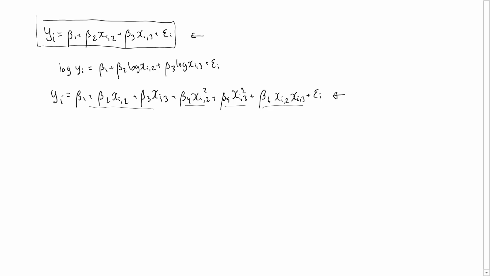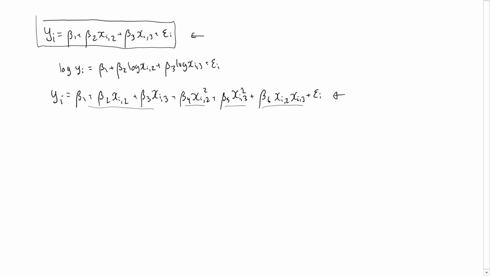It is not the correct specification. And the Ramsey reset test is a general test of misspecification. It simply tests if our linear regression model, which is linear in data, is misspecified.